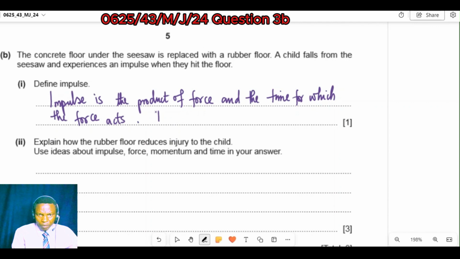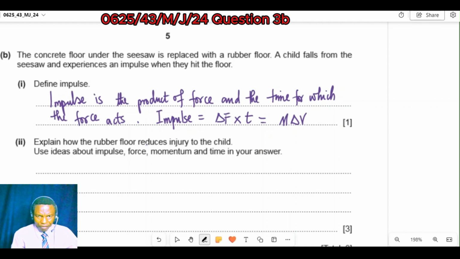So impulse is equal to F times delta t, and the same thing as m multiplied by delta v.